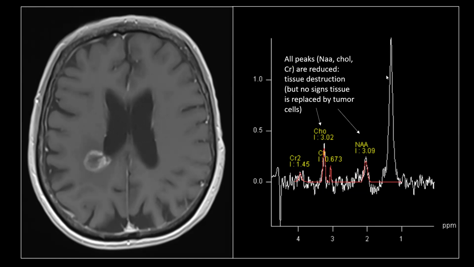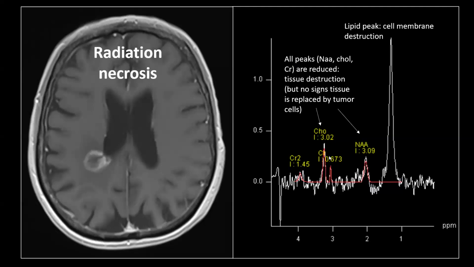We also see a lipid peak, which is something you can see in any process associated with cell destruction, and in this case, the cell destruction was caused by radiation necrosis. Now, if the choline peak would have been sky high, then the situation would have been different, and it would have suggested a recurring high-grade tumor.